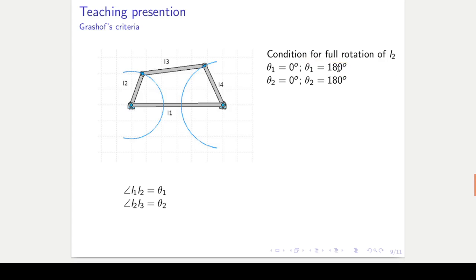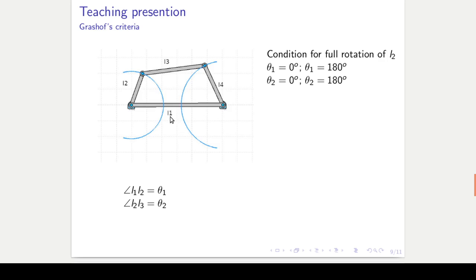For theta 1 equal to 180, the configuration should also exist. If these two extreme conditions are satisfied, then I can say that L2 will have a complete rotation relative to L1.